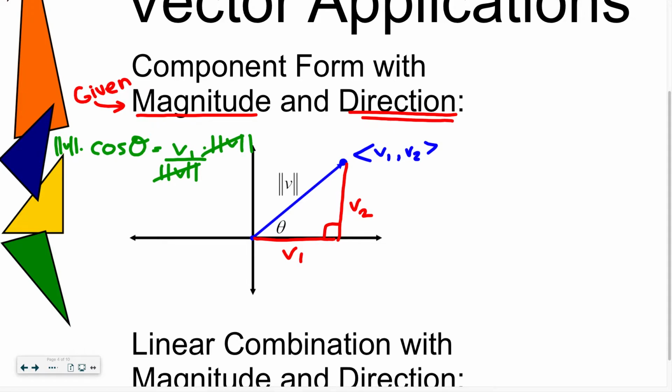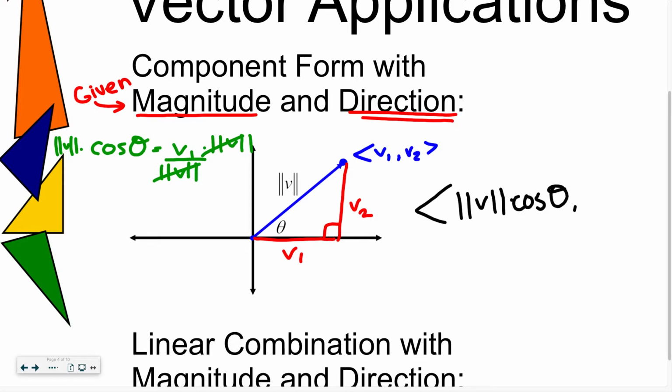So now we can say that the horizontal component is, sorry, not v sub 1, the magnitude of v, my apologies, the magnitude of v times the cosine of the direction angle. So I don't have to know the horizontal component and the vertical component. If I know the magnitude and I know the direction angle, I can find the horizontal component.